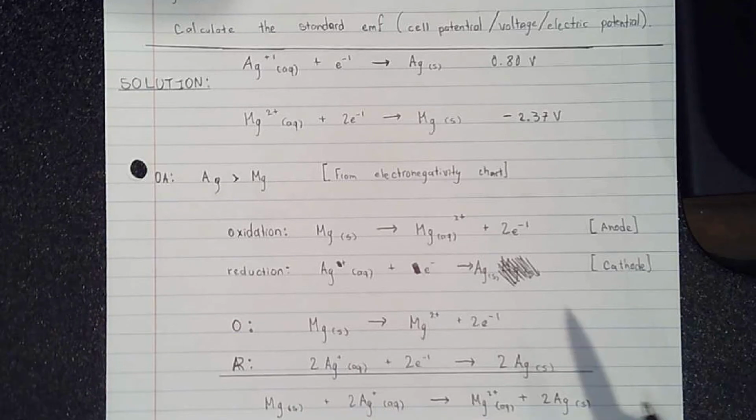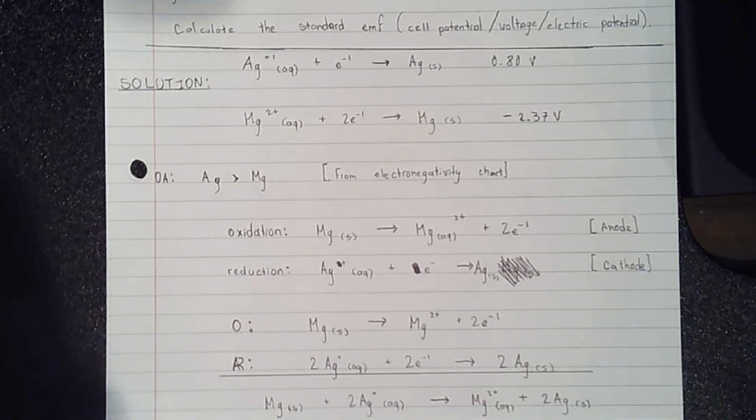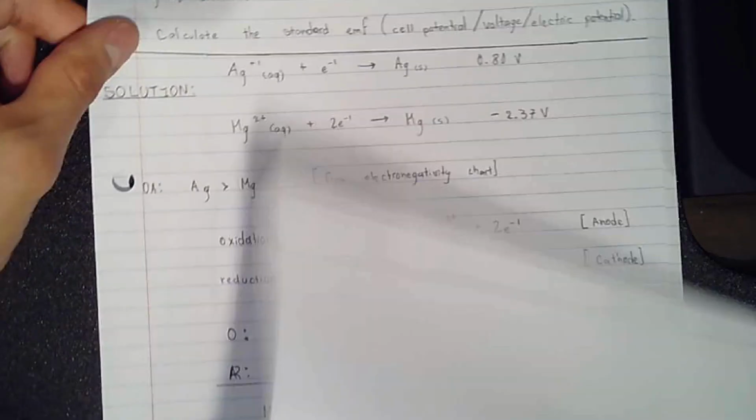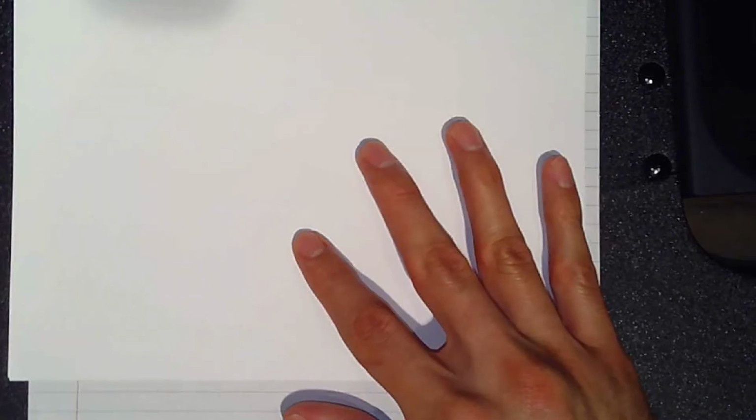So we have a half reaction for oxidation of magnesium and a half reaction for reduction of silver. Let's see what the cell diagram for that looks like. If you remember the structure of the cell diagram, it will consist of your cathode and your anode.